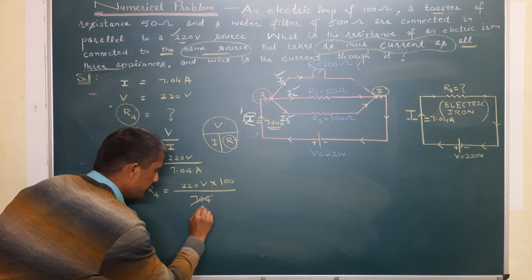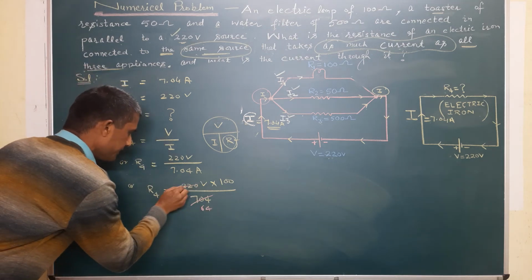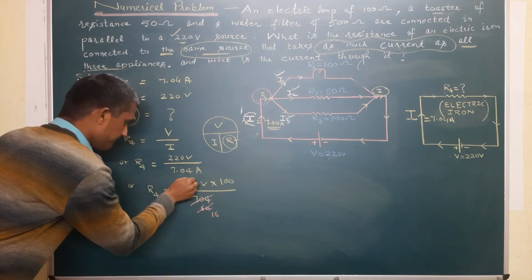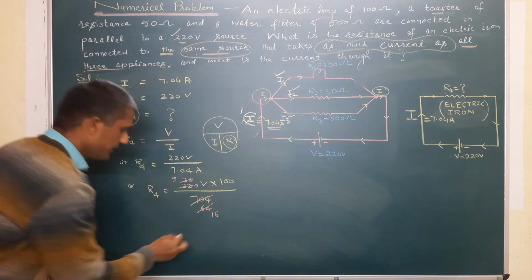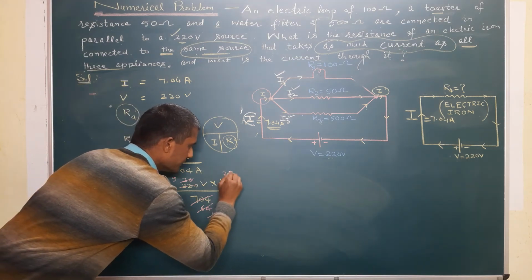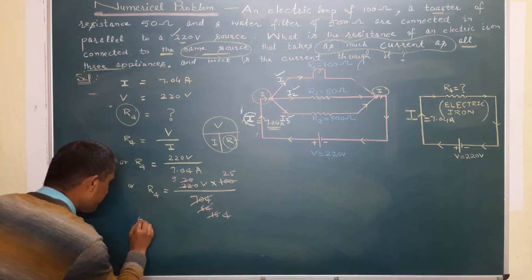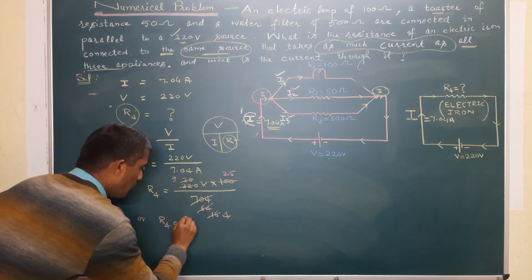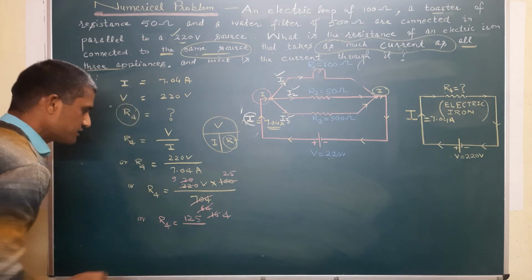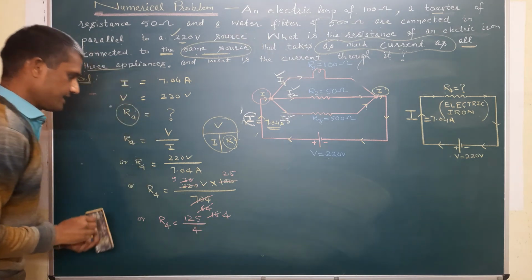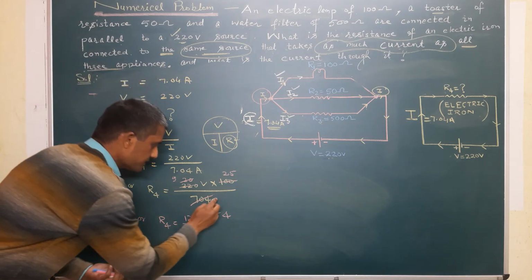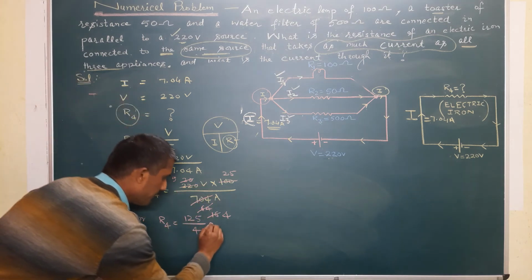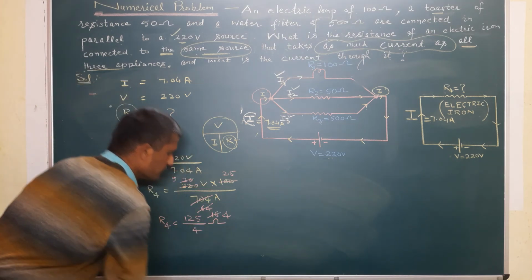Dividing step by step, R4 is equal to 125 divided by 4. Remember it is ampere here, and volt upon ampere is always equal to resistance.